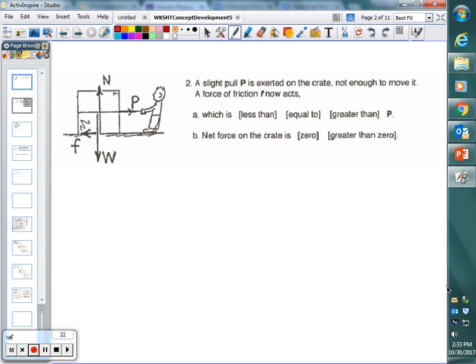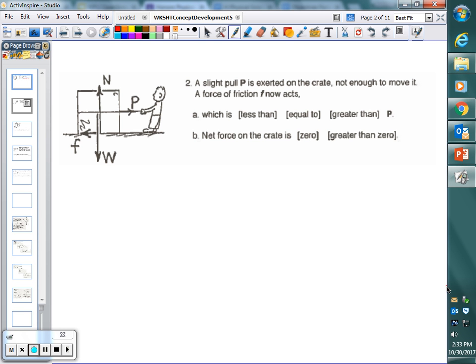We're not pulling hard enough, right? But that sort of speaks to the object's mass. Does mass determine if something moves? No. What determines if something moves? Net force, right? Mass helps determine how much it moves, but not if it moves. Is that good? All right.